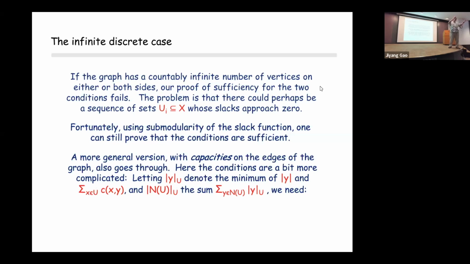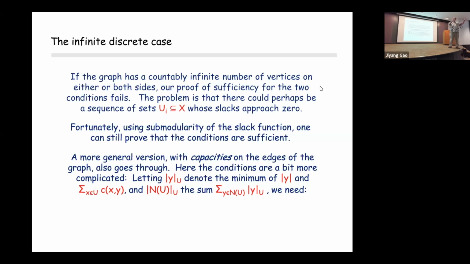What I've done here, as I've said, I wandered off a little bit farther into network land. Lots of you are familiar with networks that have capacities on the edges. And there's a capacitated version of this theorem. And for this, you just have to be careful. When you're applying Hall's condition, instead of using the weight of y, we use the minimum of the weight of y and the total amount of capacity of the edges from x to that vertex.